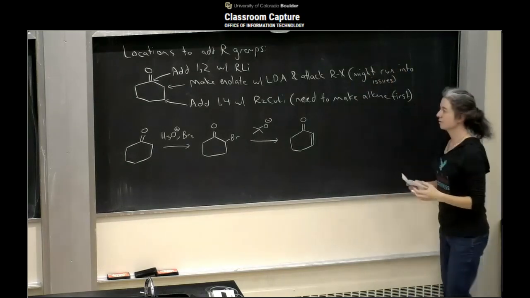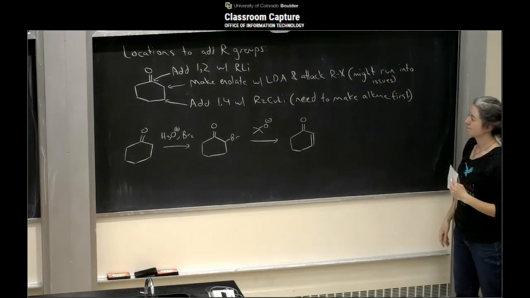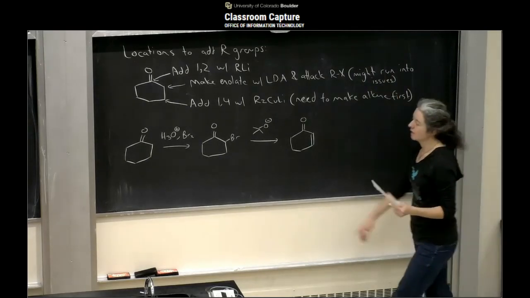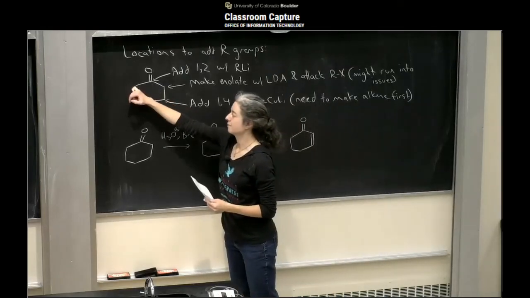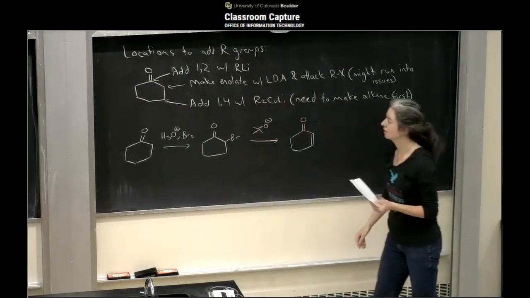So if it's this exact molecule, you might not get a great yield, but it's a way to do it. And if you generalize this to ester molecules or other molecules, it might be a better choice there.